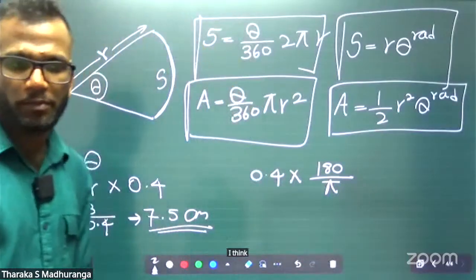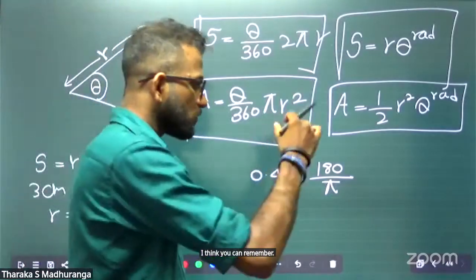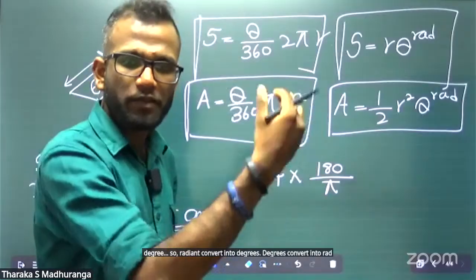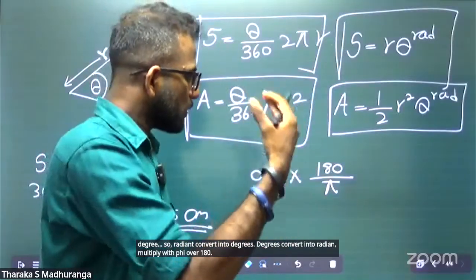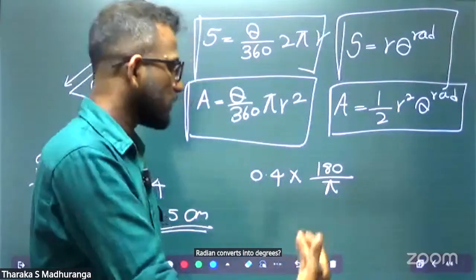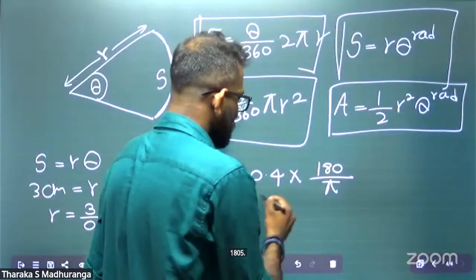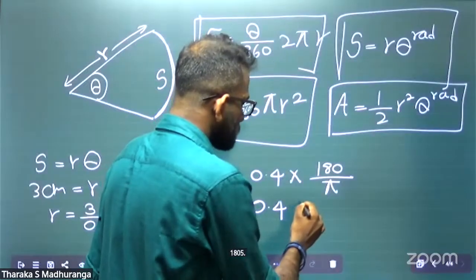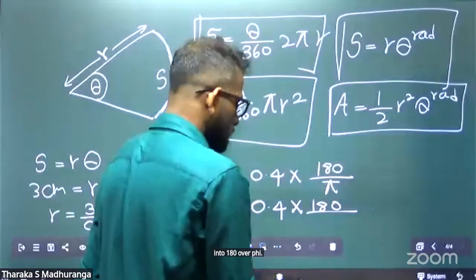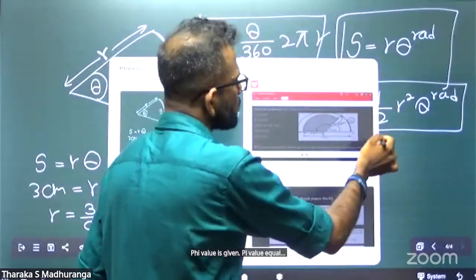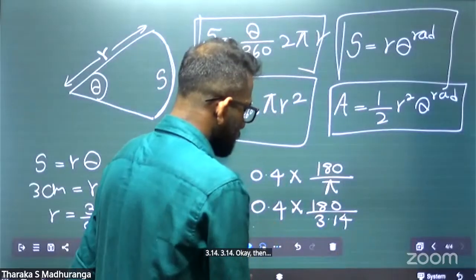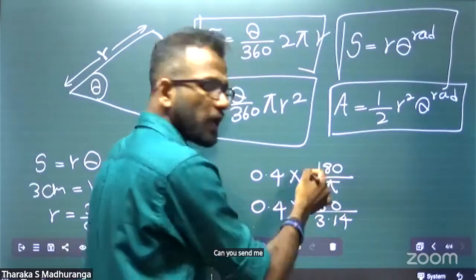I think you can remember. Degrees convert into radian by multiplying with pi over 180. Radian converts into degrees with 180 over pi. Then 0.4 into 180 over pi. The pi value is given, pi equals 3.14. Can you send me quickly what is this radian degree value?